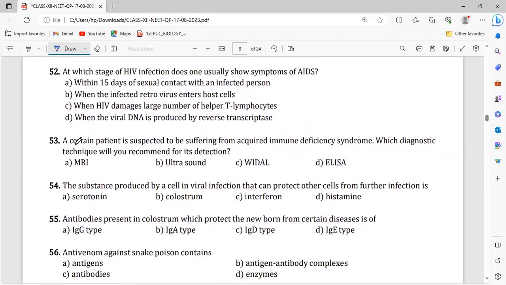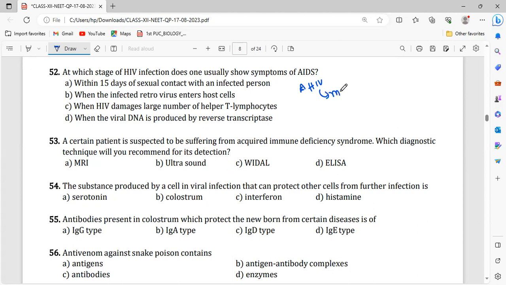Next, 52. At which stage of HIV infection does one usually show symptoms of AIDS? So again, if you see the life cycle of AIDS, first this HIV virus will enter macrophages. So there will be replication, and then it will enter Th cells, that is T helper cells.